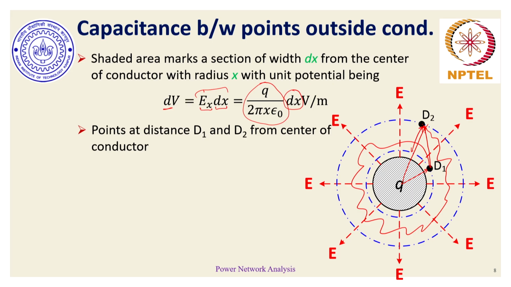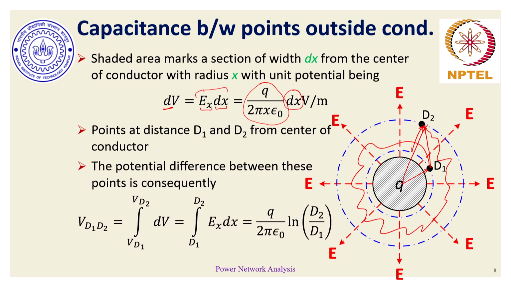It is the radius of these equipotential surfaces between which the potential is to be found. So if dV is the incremental or unit potential difference, and we have to find the potential between D1 and D2, which is also equal to VD2 minus VD1.